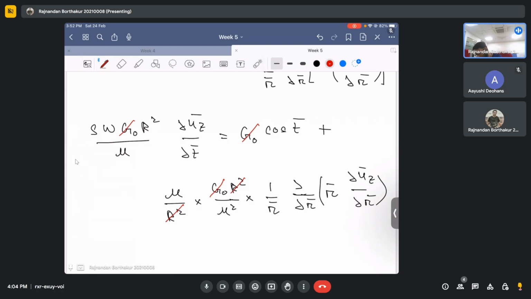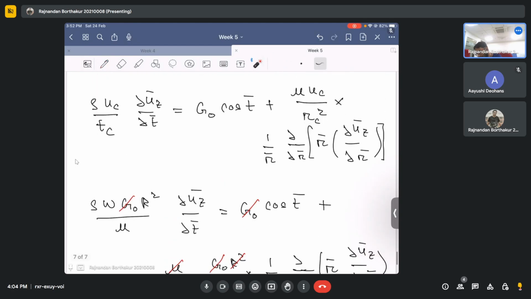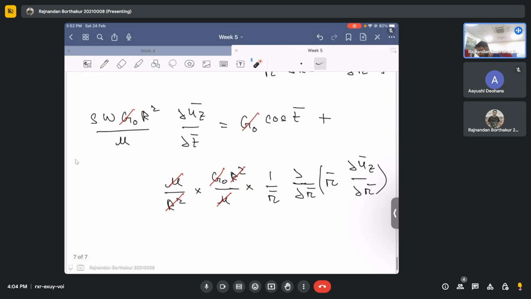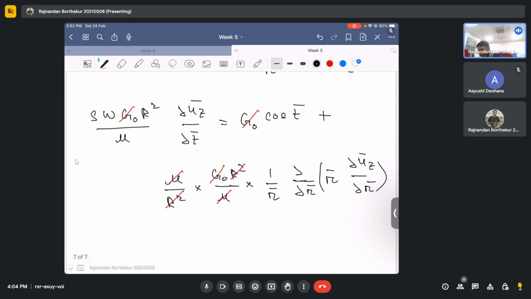I think there is one mu here, and this should be mu, not mu squared. So this mu and this mu cancel out. That is simply because uc is g naught rc squared by mu. Which means we just end up, I hope the algebra is clear. Please let me know if there is any doubt.